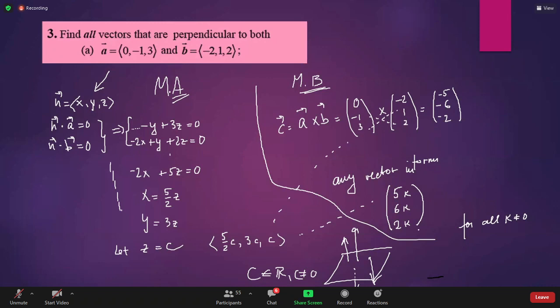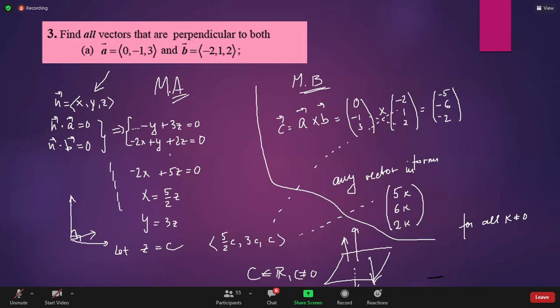All right. Now, the general idea is that if we have one vector that is perpendicular to the two given vectors, then we have infinitely many.